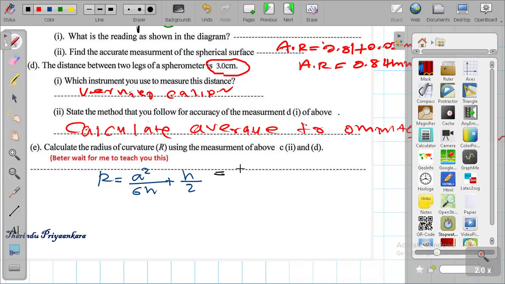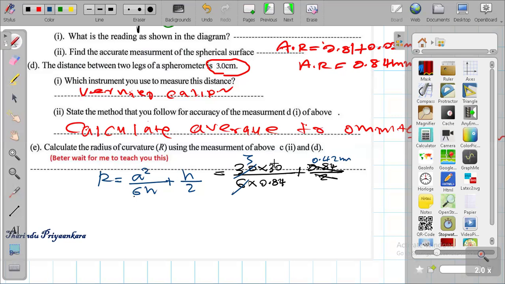It is 3 centimeter, means 30 square. That means I write 30 by 30, twice 6 times H, is 0.84 plus 0.84 divided by 2. So it is nearly 0.42 millimeter.